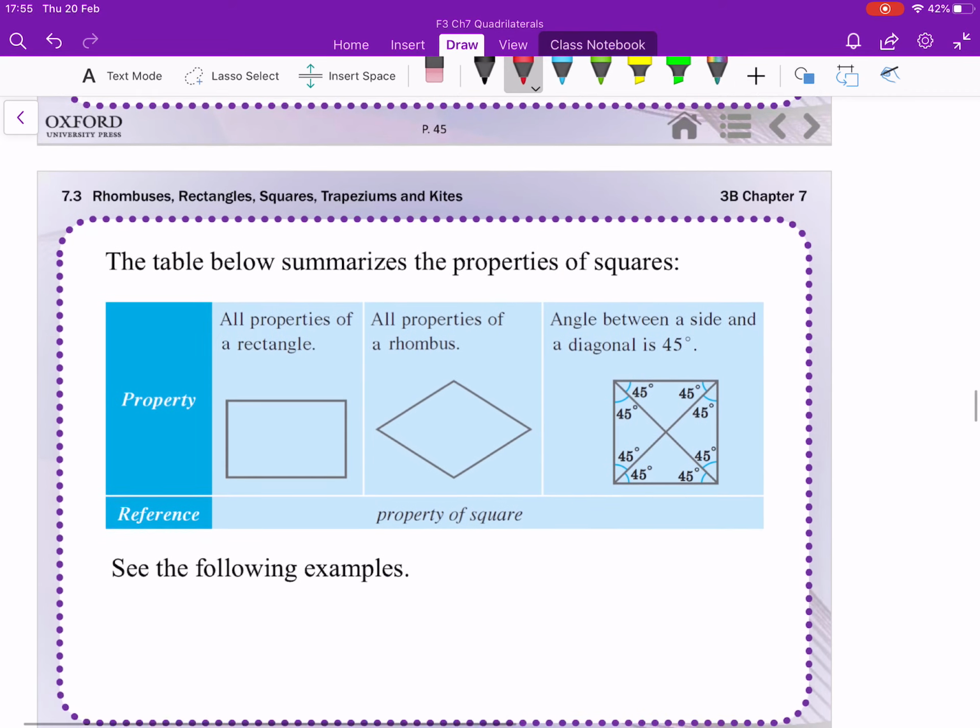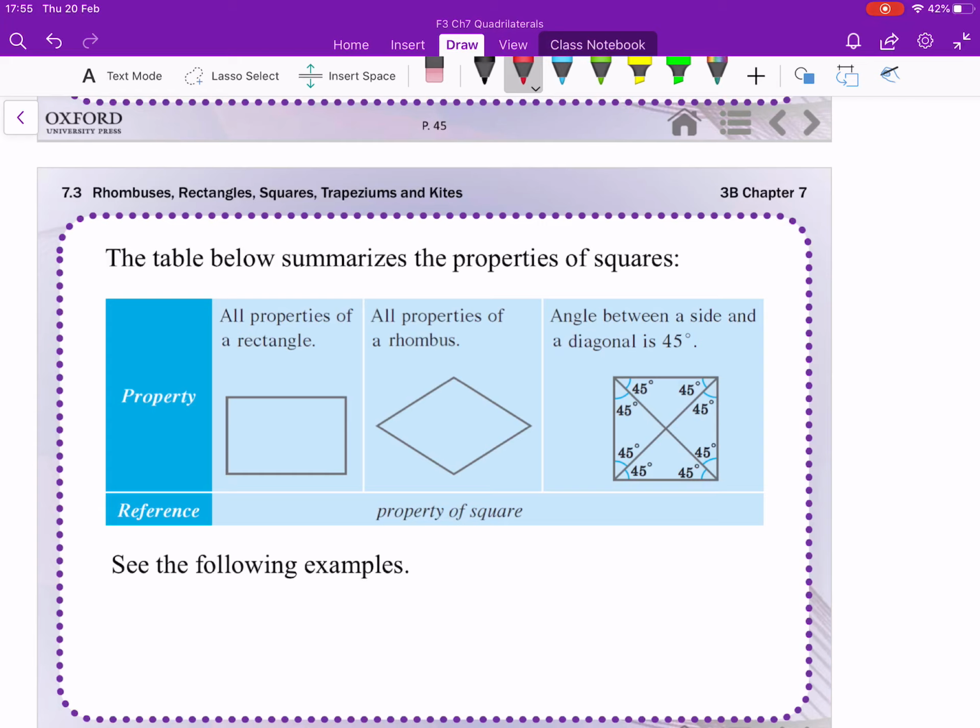As a result, for the properties of square, easy to remember, it inherits all the properties of rectangle and all the properties of rhombus. And also one more thing, you can see that the 4 little triangles made in the square are all congruent, and all of them are isosceles and right angle triangles.